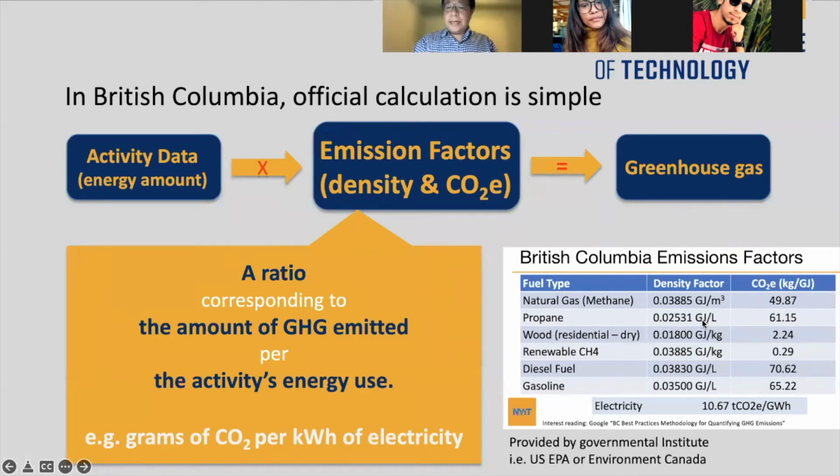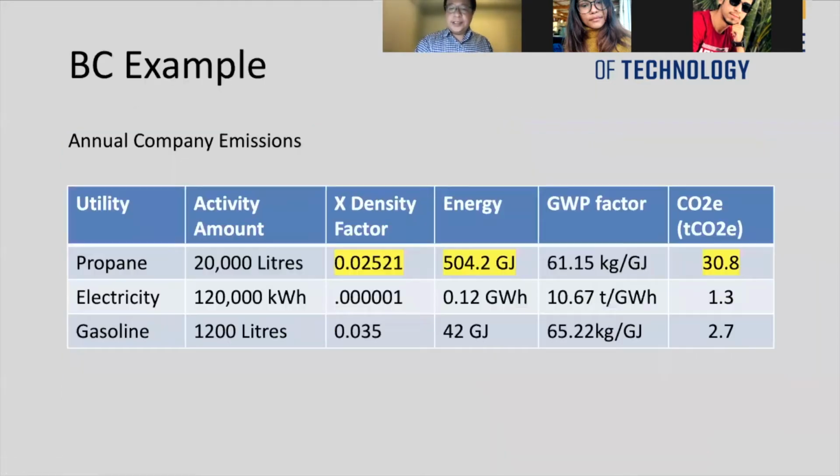So by multiplying 20,000 by the density factor, we can obtain the value of the energy in terms of gigajoule. In this step, any questions? Okay. So that is the first part of our calculation.